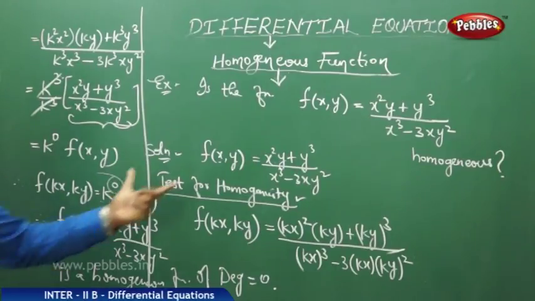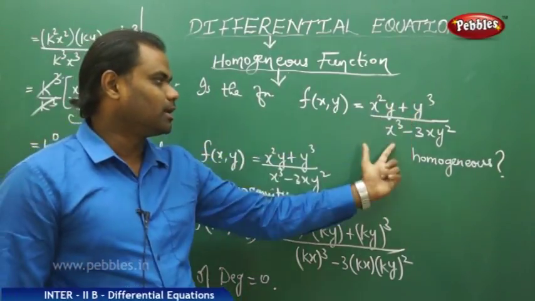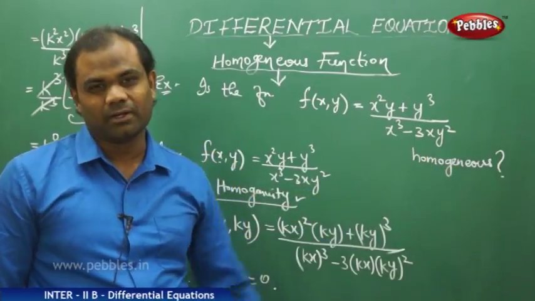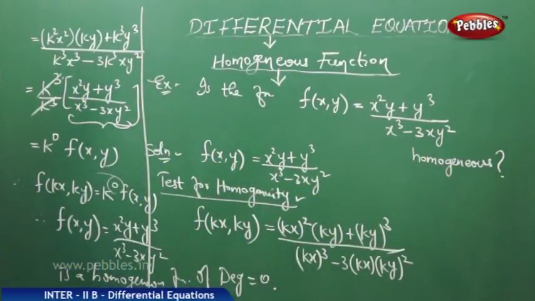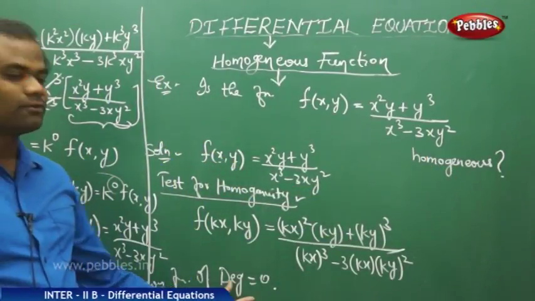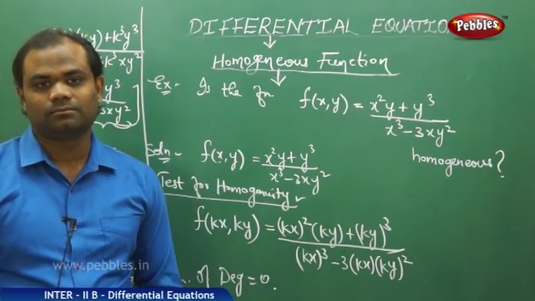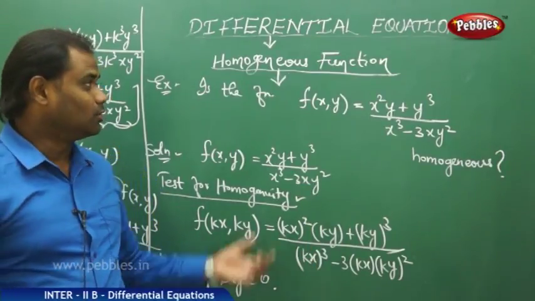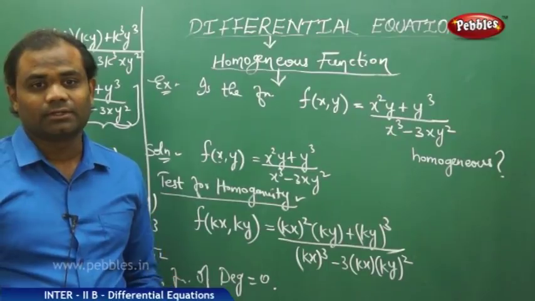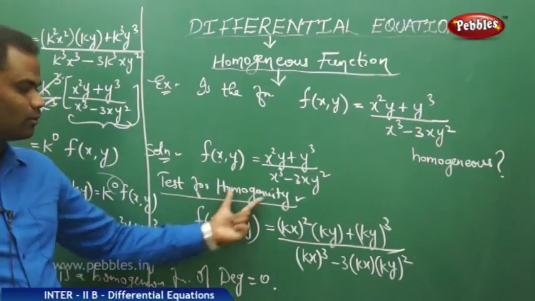So the given problem is a homogeneous function of degree 0. This is how I understand the homogeneity of the function connected with the test for homogeneity.